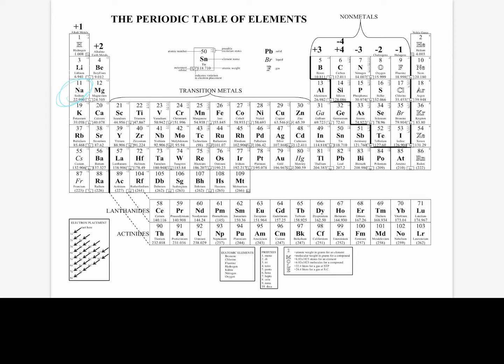If it takes the electron that's here and adds it somewhere else, then this orbital here and this orbital here would be full, correct? So remember that. If you forget that, go look back at some of the other videos that I made prior to this, dealing with atomic structure, and that'll become very apparent.